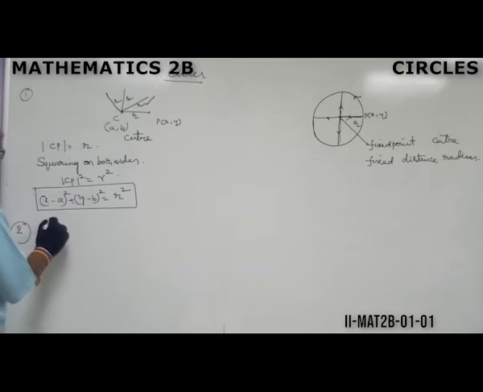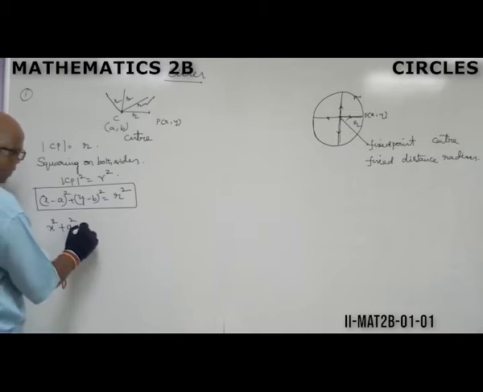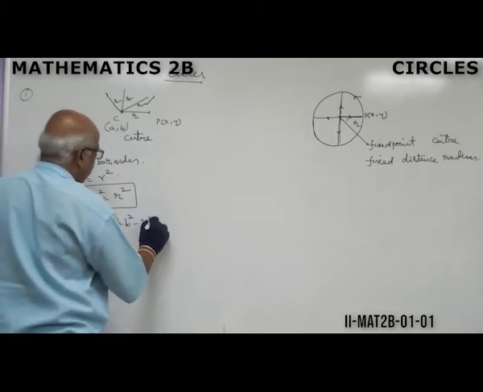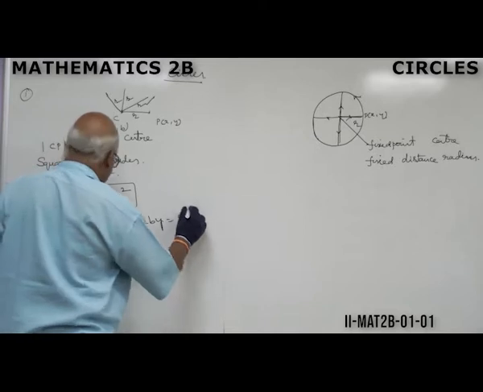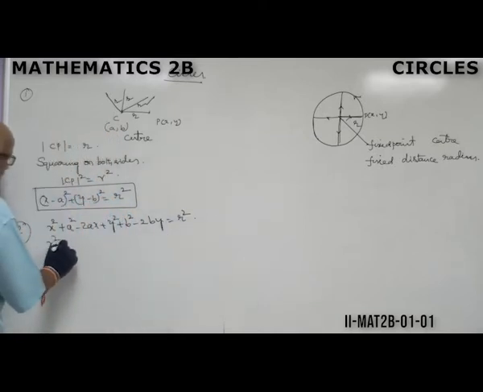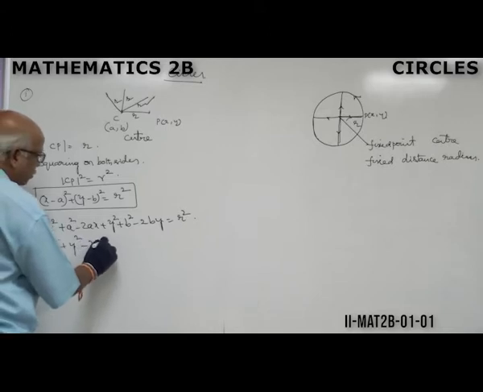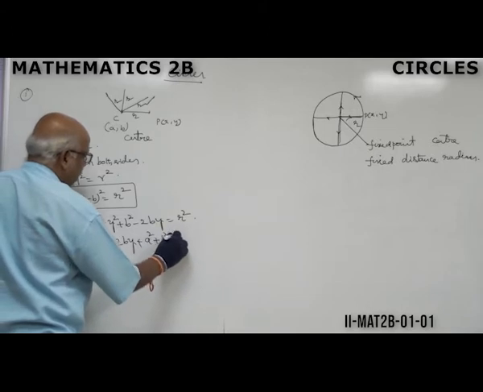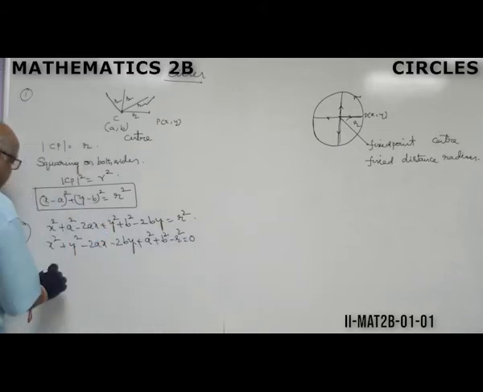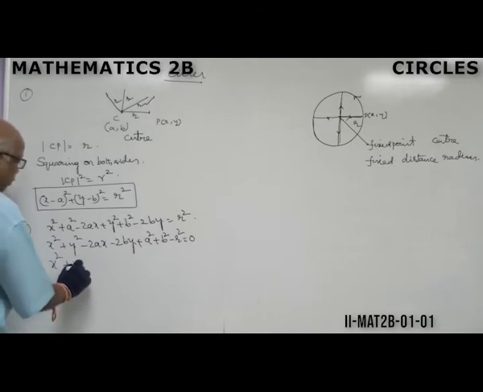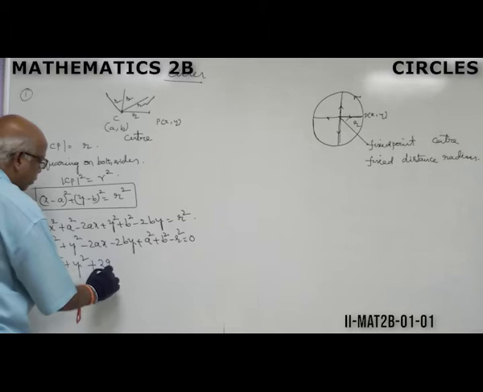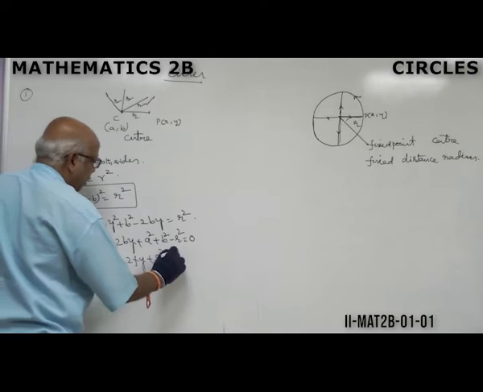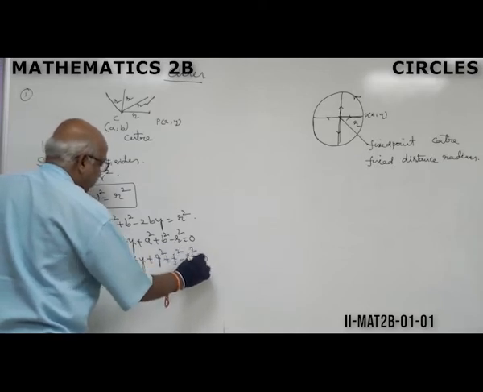Using the (a minus b) whole square formula, x square plus a square minus 2ax, y square plus b square minus 2by equals r square. x square plus y square minus 2ax minus 2by plus a square plus b square minus r square equals 0. x square plus y square plus 2gx plus 2fy plus g square plus f square minus r square equals 0.